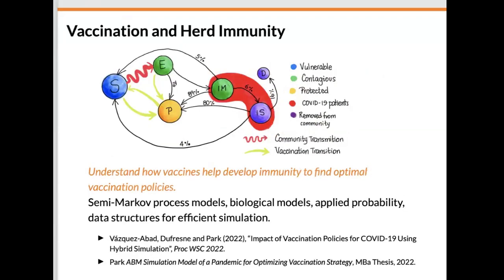And then again, also with Danielle, we did a study for optimal vaccination policies. And then we used semi-Markov process models, biological models of high probability, and a lot of simulation as well. And this is our student. So our student also worked with us.